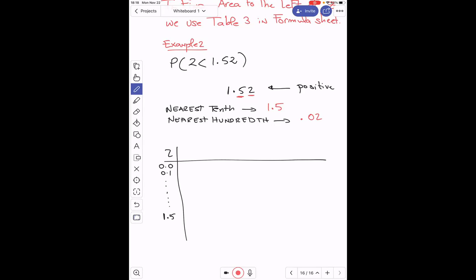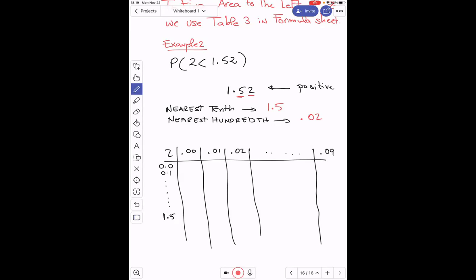And again, guys, the first page is for negative Z, and the second page is for positive Z. So just be careful with the sign. Now, across the top you have 0.00, 0.01, 0.02, etc., and the last column is 0.09.